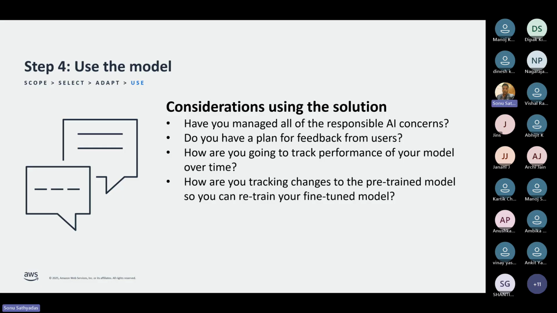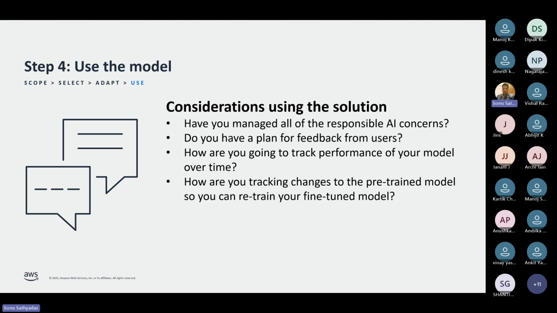How are you tracking changes to the pre-trained model so you can retrain your fine-tuned model? That means over a period of time, we need to update the model because we are taking a foundation model and then we fine tune this model with some new data.